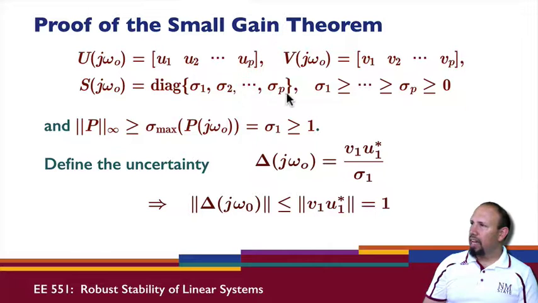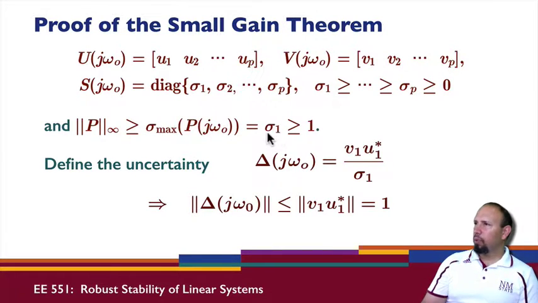Okay, so we have some diagonal values, singular values. And so the infinity norm is the largest singular value of this over all frequencies. So that's sigma 1. So that's actually the supremum of sigma 1. And that, again, is going to be greater than or equal to 1. So here, sigma 1 occurs at the frequency omega naught. Okay, so that's the largest singular value.